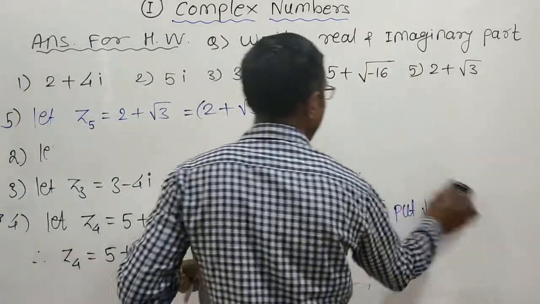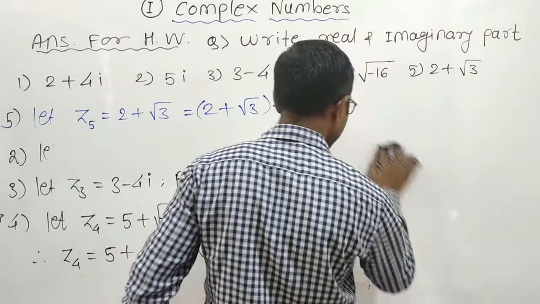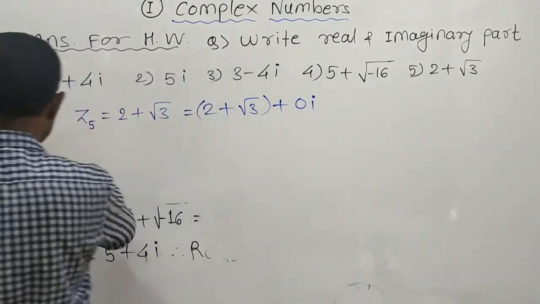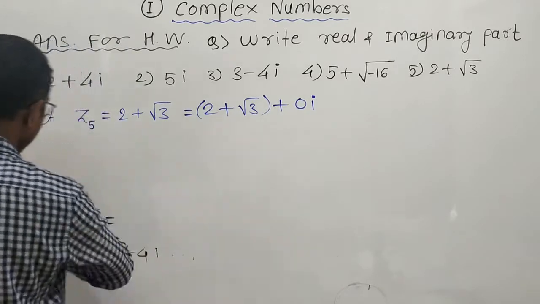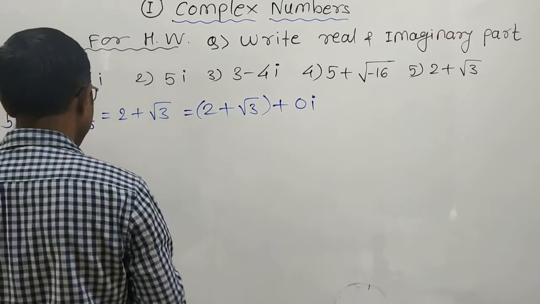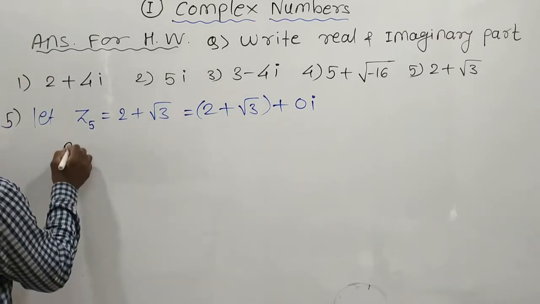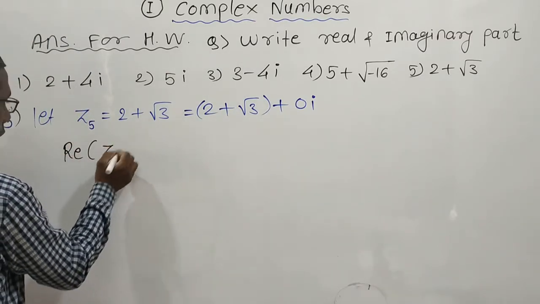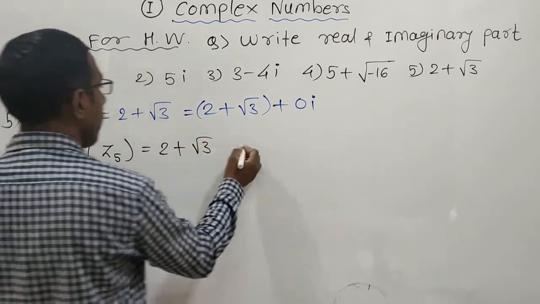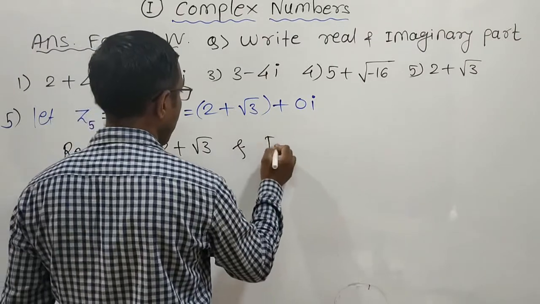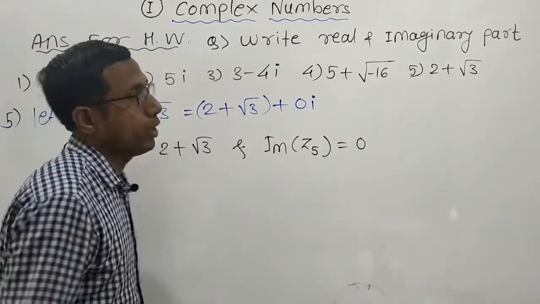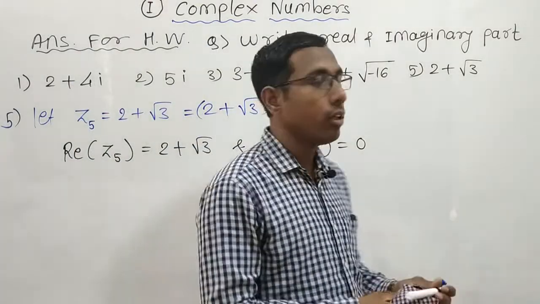Now the real part is 2 plus root 3 and the imaginary part is 0. Is it? So these are the answers for the homework.